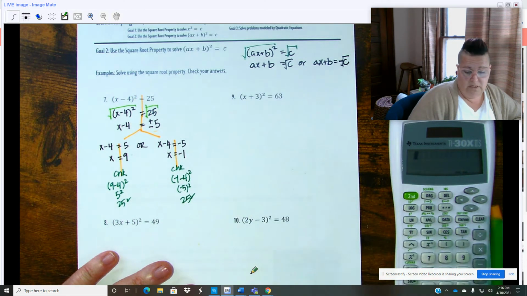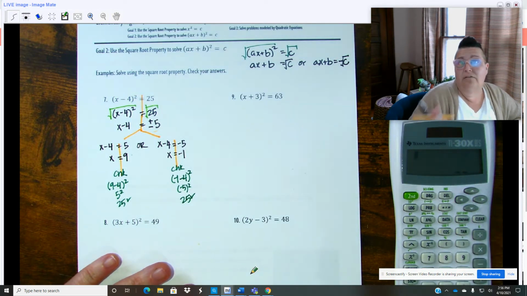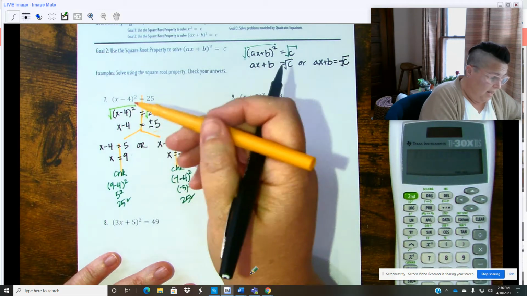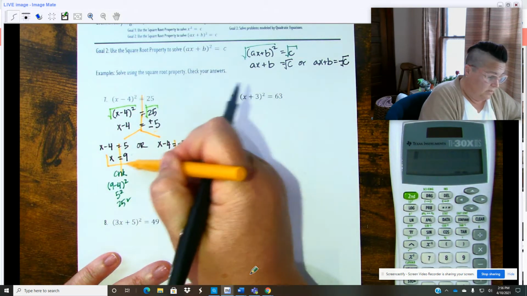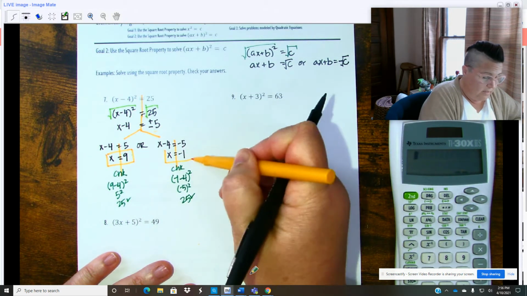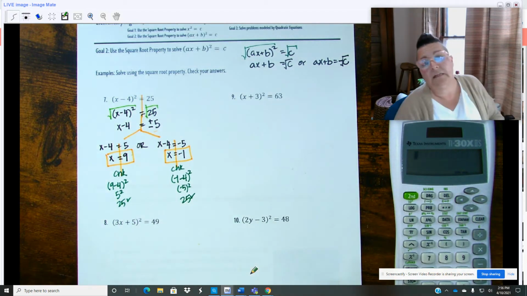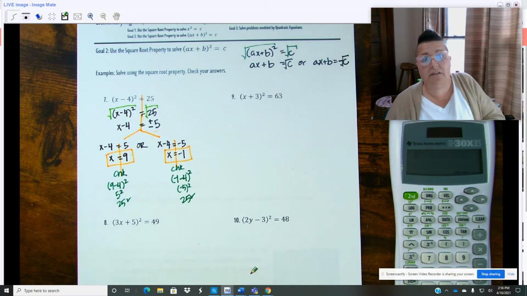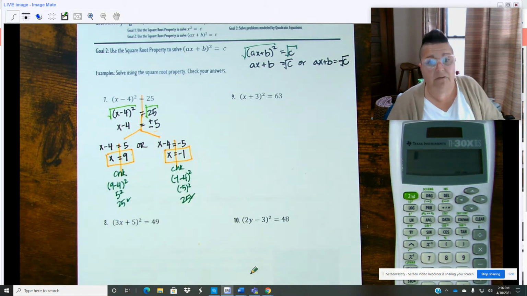So this one also checks. I have 2 solutions: x equal to 9 or x equal to negative 1. And that makes sense because anytime we have a square, we have the possibility of 2 solutions. Here I have those 2 solutions.